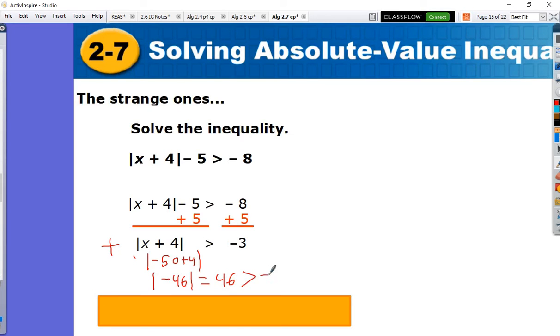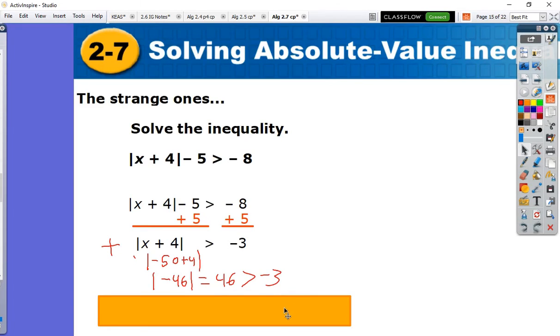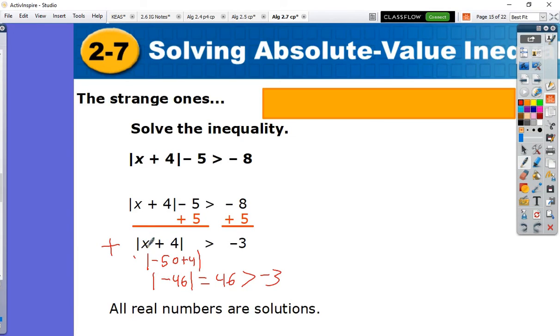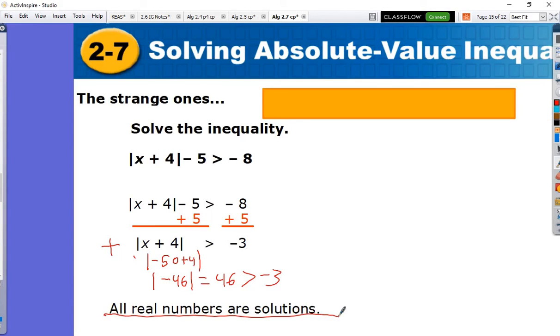And positive 46 is greater than negative 3. So if you run into something like that, it doesn't matter. All real numbers are solutions. Does not matter what number you put in for x, all of them are going to be a solution. Everything will work. So that's your first strange one.